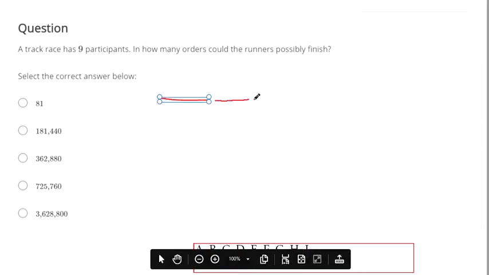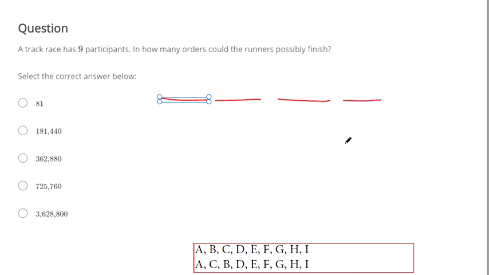So if you start like we did the other problems, how many different ways could they finish? How many different ways could we have a first place finisher? How many different ways could we randomly pick this first person? There's 9 contestants, right? So there's 9 different ways of having a first place finisher. And let's say that first place finisher was the person named B. How many different ways can the second place finisher come in here?